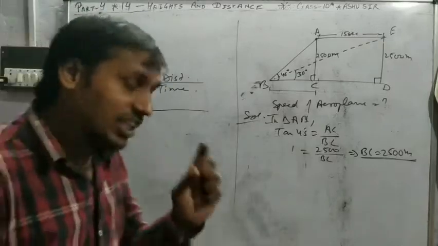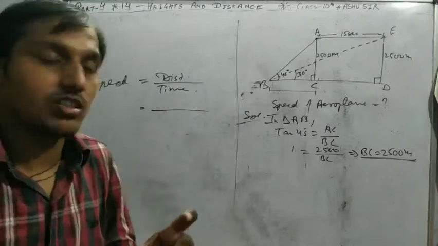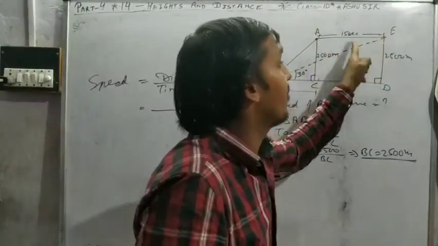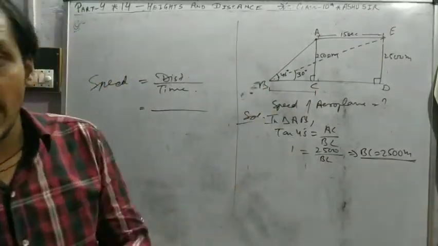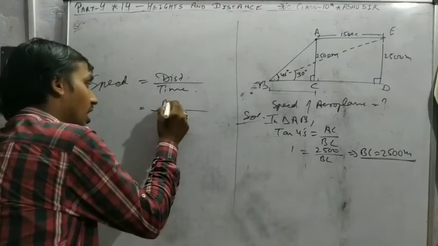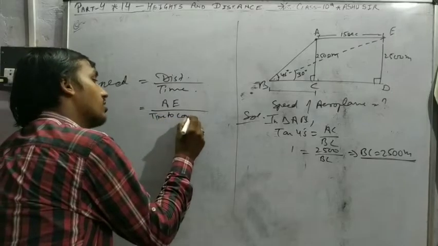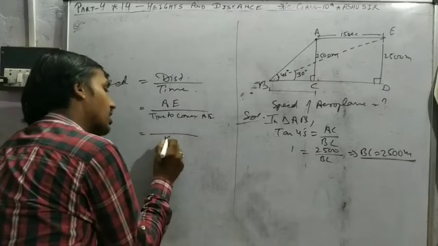Which interval's time is given? We have given from A to E time 15 seconds. So we take the distance from A to E, means distance AE and the time to cover AE, which is given as 15.